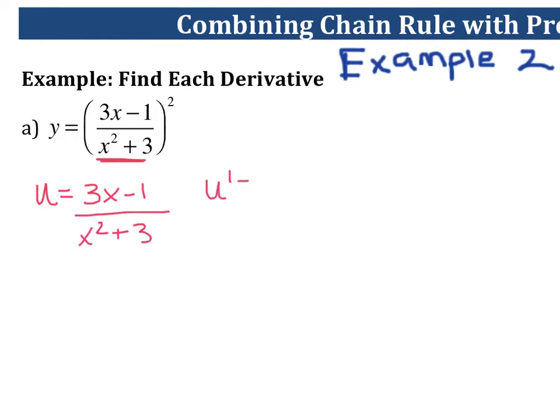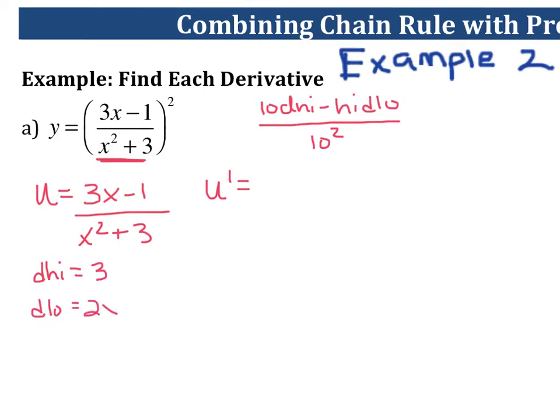To find the derivative of this, we need to use the quotient rule, which if you remember was low d high minus high d low over low squared. So let's go ahead and find d high, the derivative of the high one, which is 3. The derivative of the low is 2x, and let's go ahead and combine all that into our derivative over here.